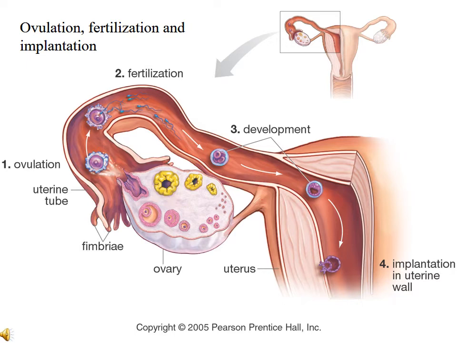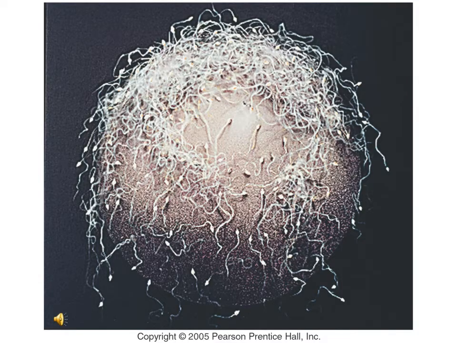So you can see that during this process of ovulation, maintaining the endometrium is the total goal of the overall process. Because once the endometrium is intact, implantation can take place. And here we're seeing a bunch of sperm all trying to get into an egg.